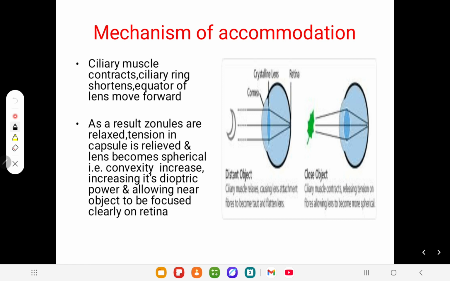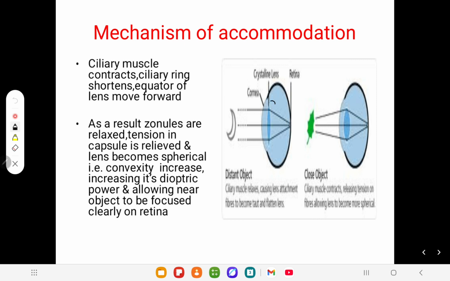So, the mechanism of accommodation, just briefly: the ciliary muscles contract and the ciliary ring shortens, and the equator of the lens moves forward, especially the front surface of the lens, which becomes more curved. As a result, zonules are relaxed and tension in the capsule is relieved, and the lens becomes spherical, or more convex, increasing its dioptric power and allowing a near object to focus clearly on the retina.